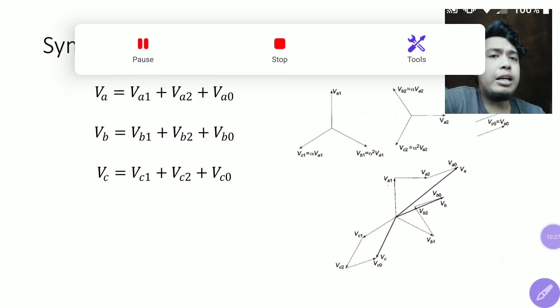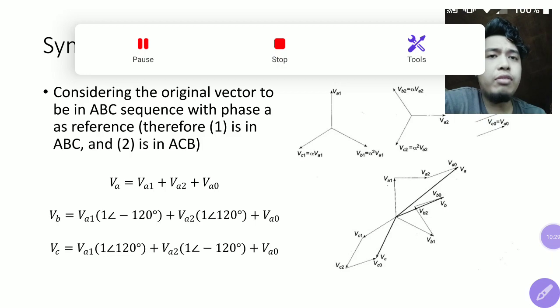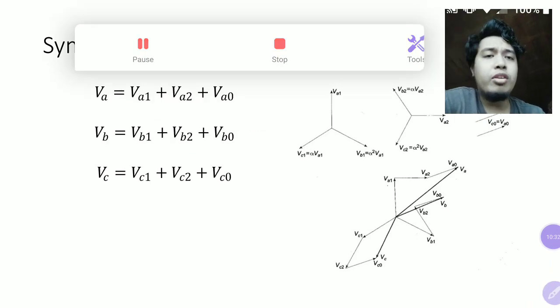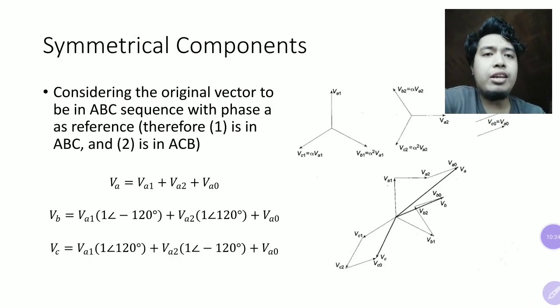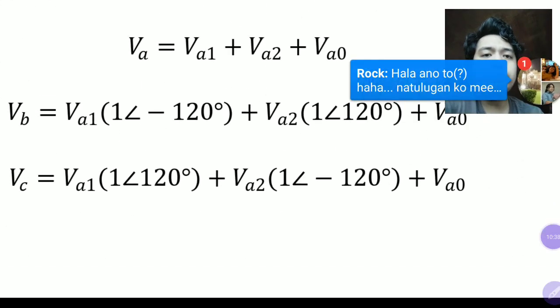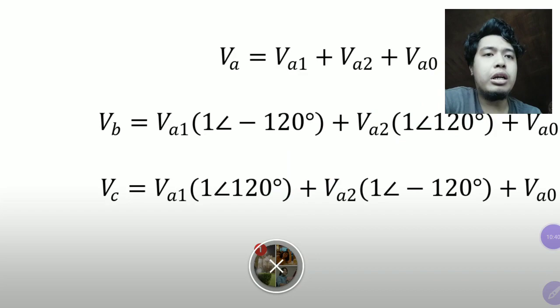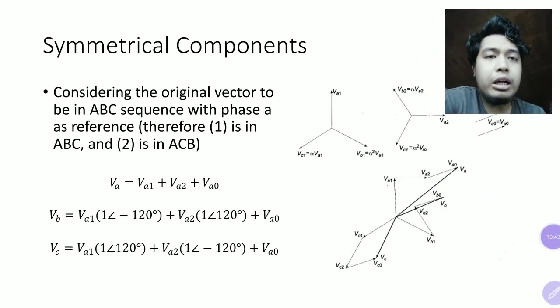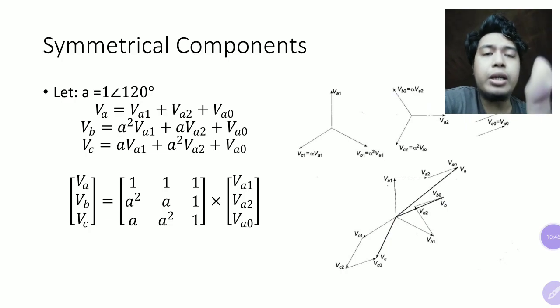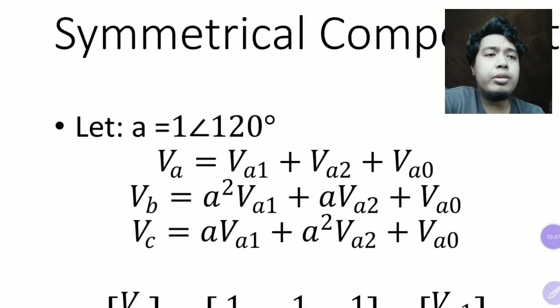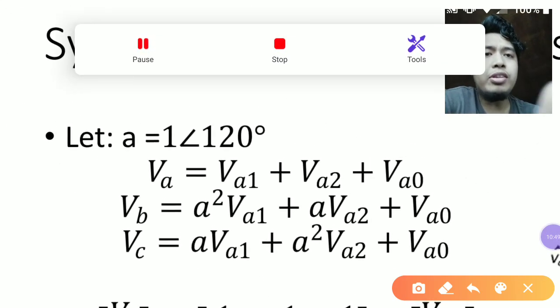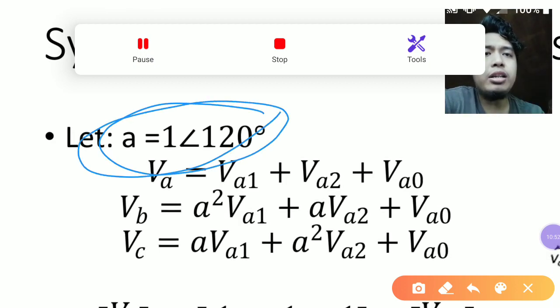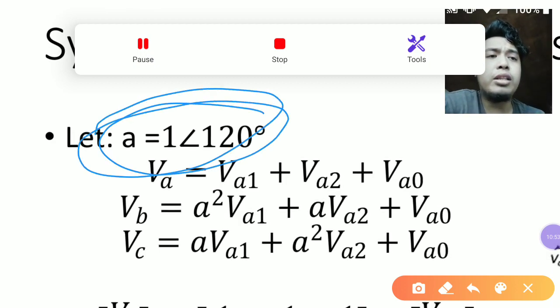Okay. I have here the derivation of the A matrix. So basically, the A matrix is derived using this one. For simplicity, we may assume that A is 1 angle 120.